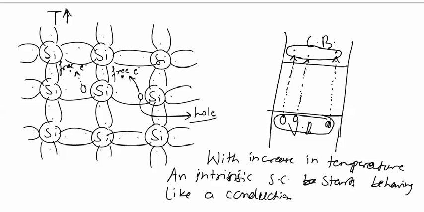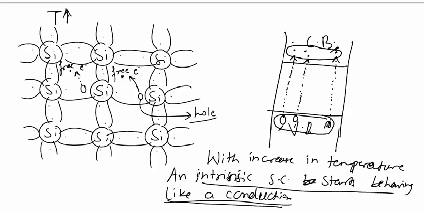At T equal to 0 degrees Kelvin, there was no free electron available for conduction, and now with increase in temperature, free electrons and holes are available for conduction. Hence, an intrinsic semiconductor starts behaving like a conductor. Hence, it is called a semiconductor, which does not conduct at T equal to 0 degrees Kelvin, and with increase in temperature, it starts conducting.